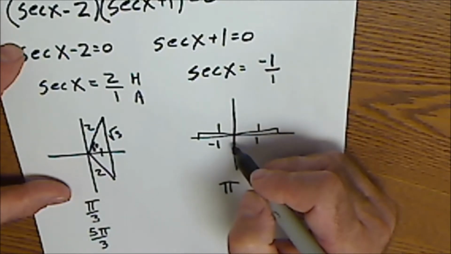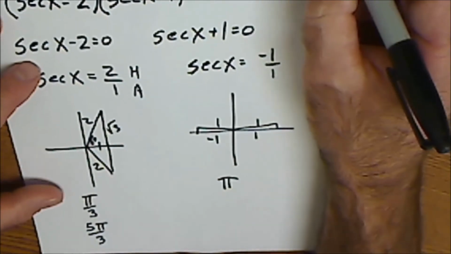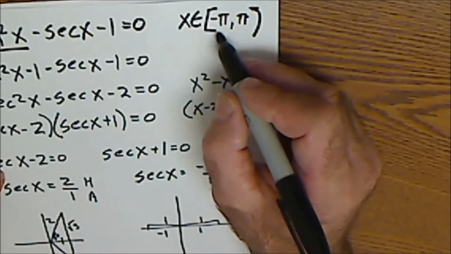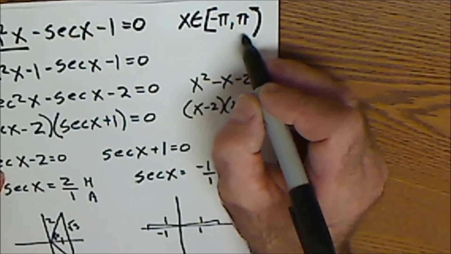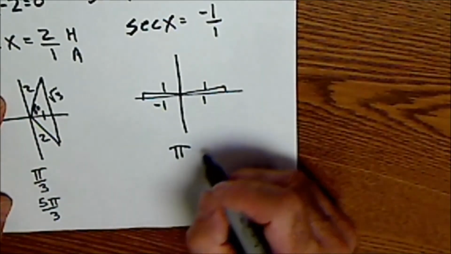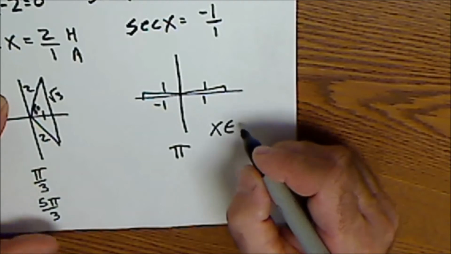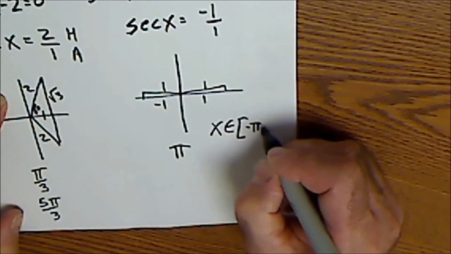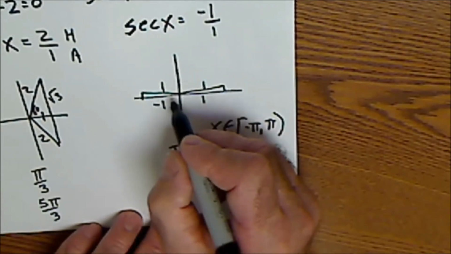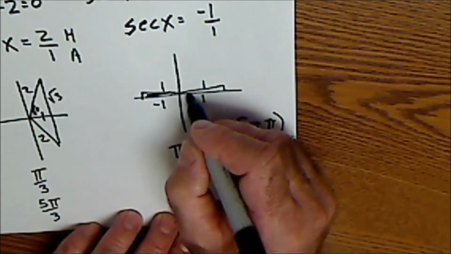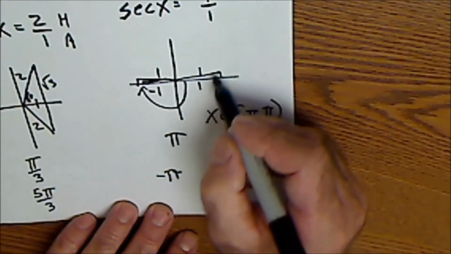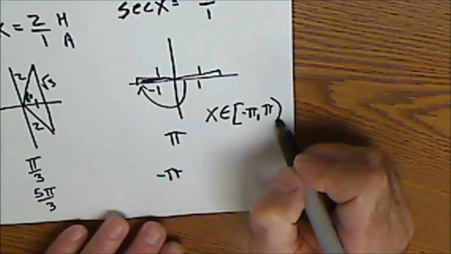Now I look at my domain for values between negative pi and pi, inclusive of negative pi, but non-inclusive of pi. So my domain right here, x is an element of the values between negative pi and pi, not including pi. So I could get to this triangle by going negative pi, so that's a solution, but pi will not be because of the rounded bracket.